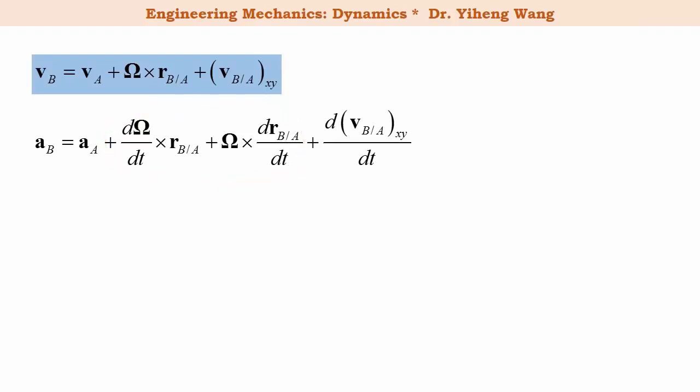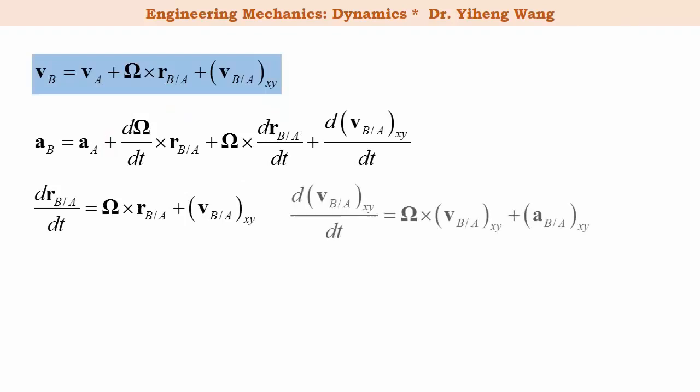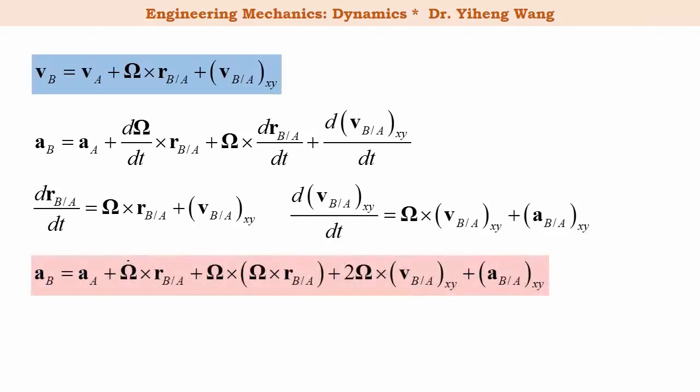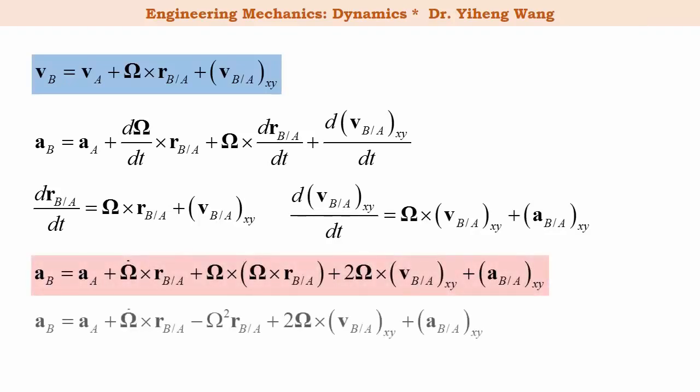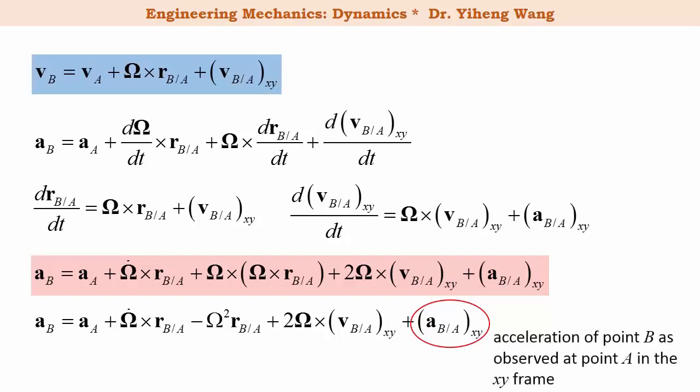And remember, we derived this equation earlier. So very similarly, we can derive this equation. And therefore, this is what we get, which can be simplified slightly. Omega dot is the angular acceleration of the rotating reference frame. And this term right here is the relative acceleration of point B as measured from point A attached to the rotating reference frame. Now let's look at examples.